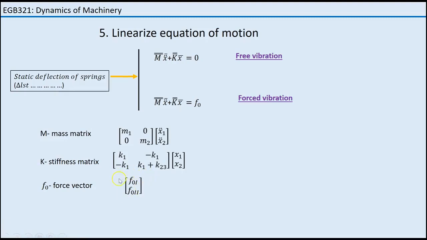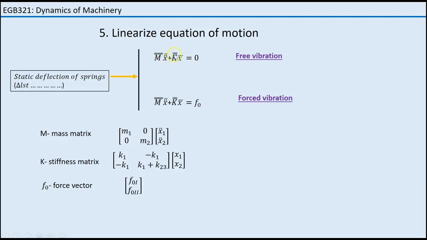The first element of the force vector, F01, you get from the first equation, and F02 you get from the second equation.